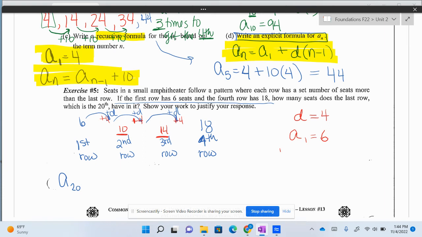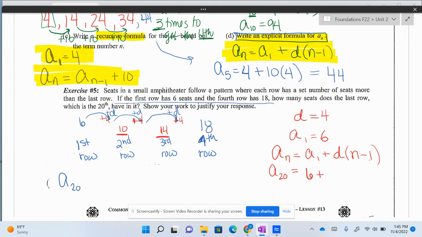So I need to figure out what the 20th term is. So I'm going to use my explicit formula. A to the n equals a to the first term plus my common difference times n minus 1. And I'm solving when n is 20. So now we're going to plug numbers in. Okay. So what is the first term, or A1? What does that equal? 6 plus.